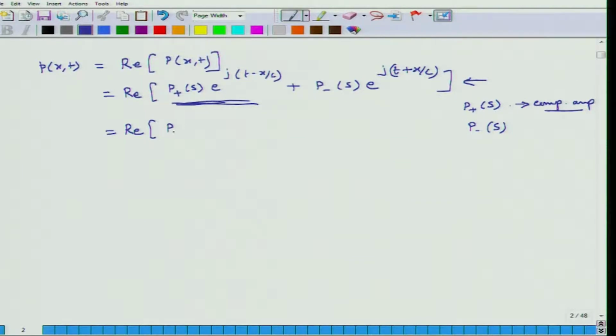So now what I can do is rearrange the terms inside the parenthesis. So what I get is e to the power of minus s x over c plus p minus e to the power of s x over c, times e to the power of s t.